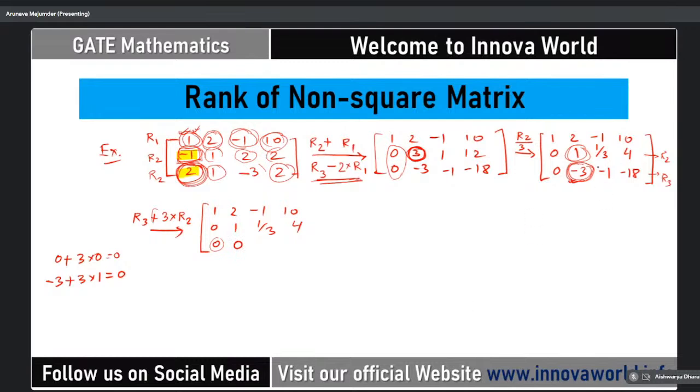Okay, now come to the third element. What is the third element of row 3? Minus 1. So minus 1 plus 3 into, what is the third element of row 2? 1 by 3. Okay, it will be nullified. So this becomes also 0. Now come to the fourth element.